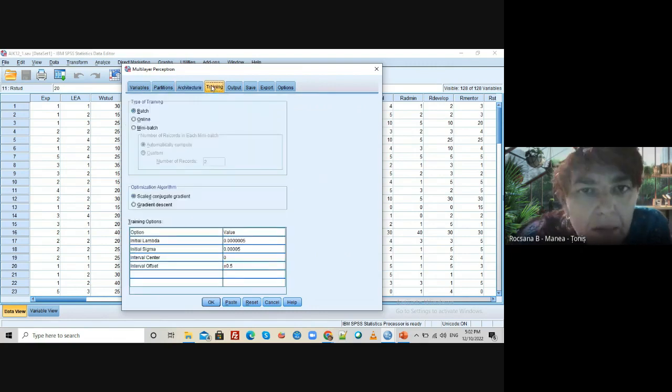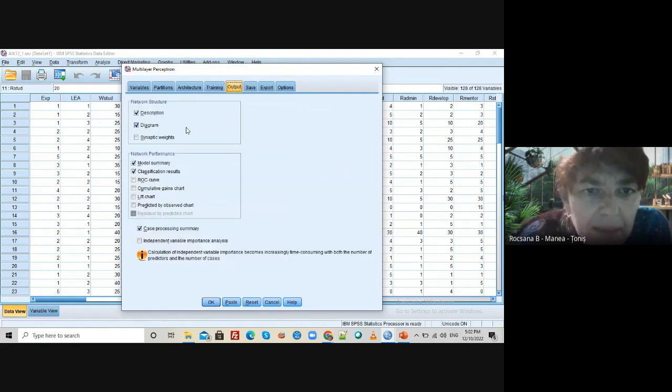Talking about training, we go on batch, and then the output. The output is very important. We have to check here, for example, ROC curve.